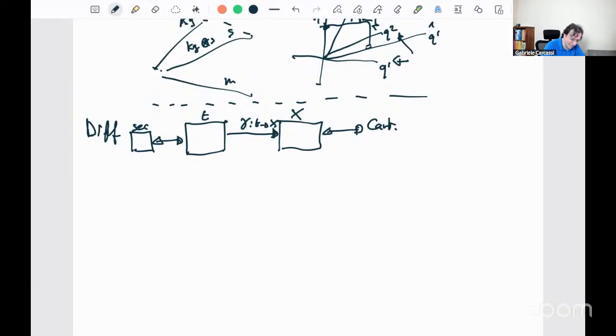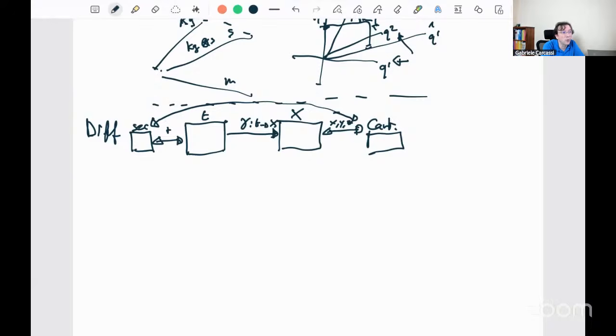There's going to be a redundancy of notations here, but the maps are going to be X, Y, and Z. I'm going to have a map T, right? And so I can go directly from the seconds to the meters, right? And I can write that. So this is the structure of the manifold.